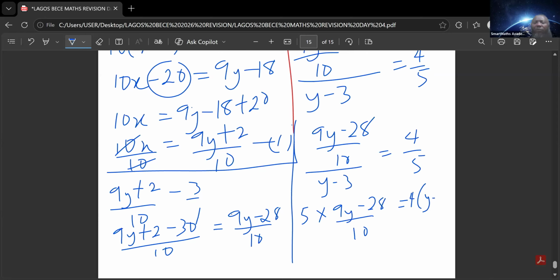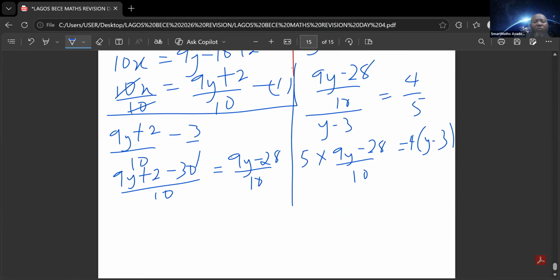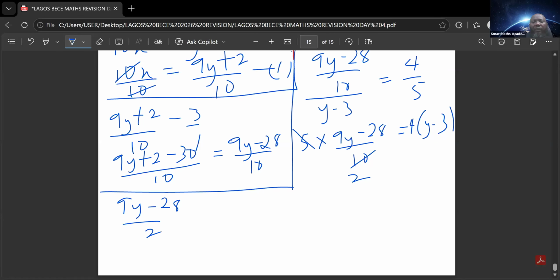So from here now, I will have (9y − 28)/2 equals 4y − 12. I'll cross multiply again. So I will have 9y − 28 equals 2 times 4y, that's 8y, and 2 times minus 12, that's minus 24.